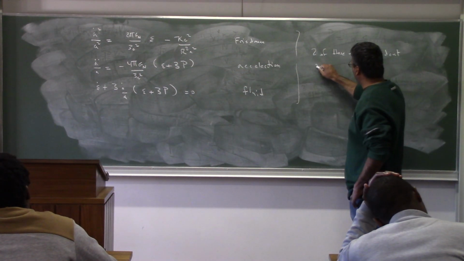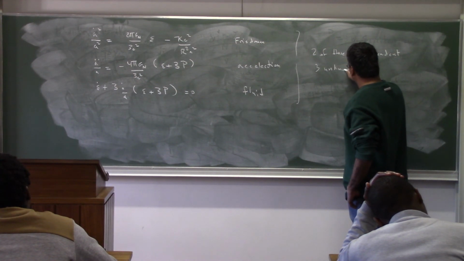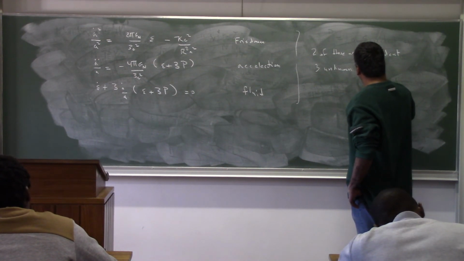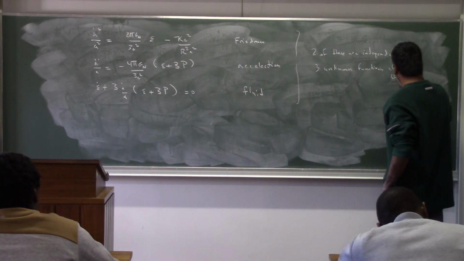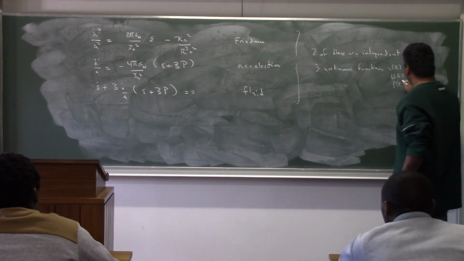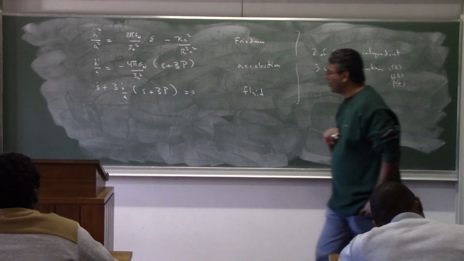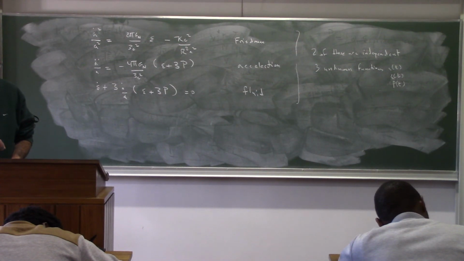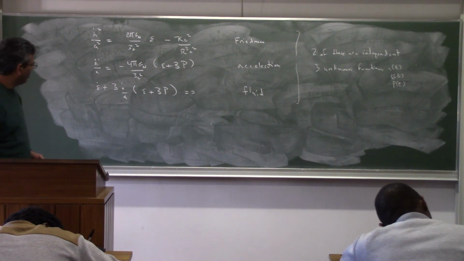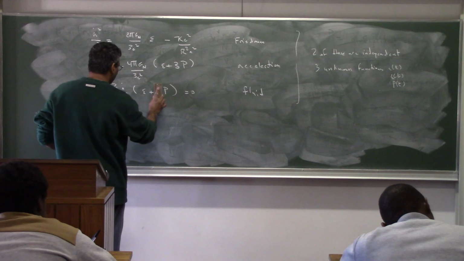And we have three unknown functions: a of t, the scale factor, epsilon of t, the energy density, and p of t, the pressure. So we need one more equation.